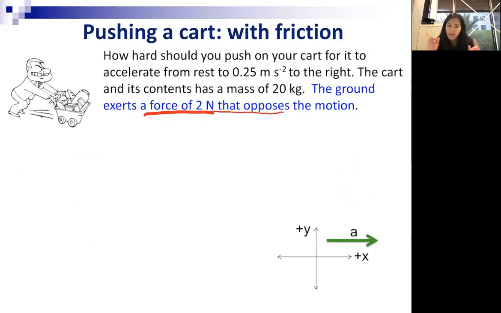So opposes, that gives you a clue that it's frictional force that's added here. It's still the cart that's being pushed, so it's still the object. So the free body diagram is the same, except that you have this added friction force, and the friction force is opposite the direction of motion. That's why it should be pointing to the left.